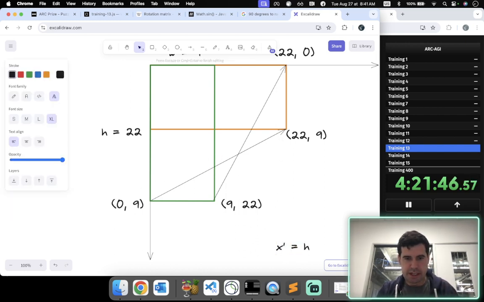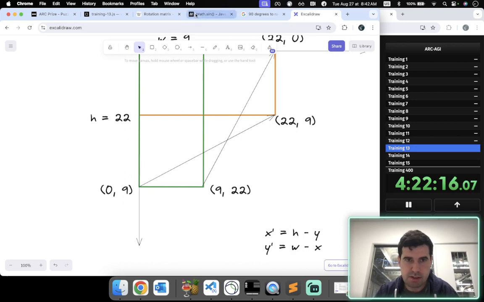So this is the h minus y, plus... okay, yeah, and y equals width minus x.